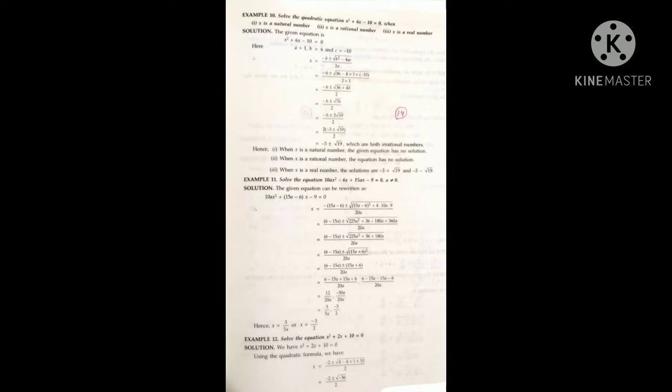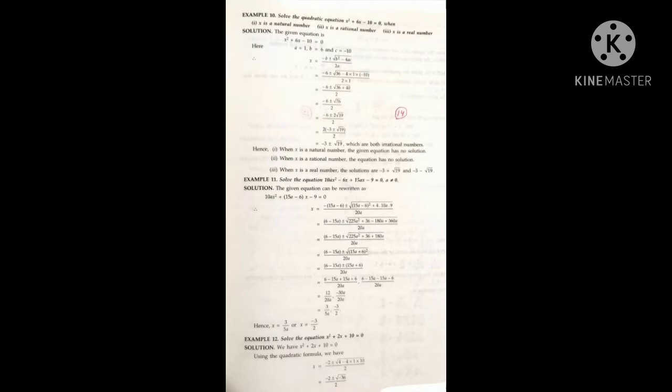See the next one. Question number 11. Solve the equation 10a x square minus 6x plus 15ax minus 9 is equal to 0 where a is not equal to 0.